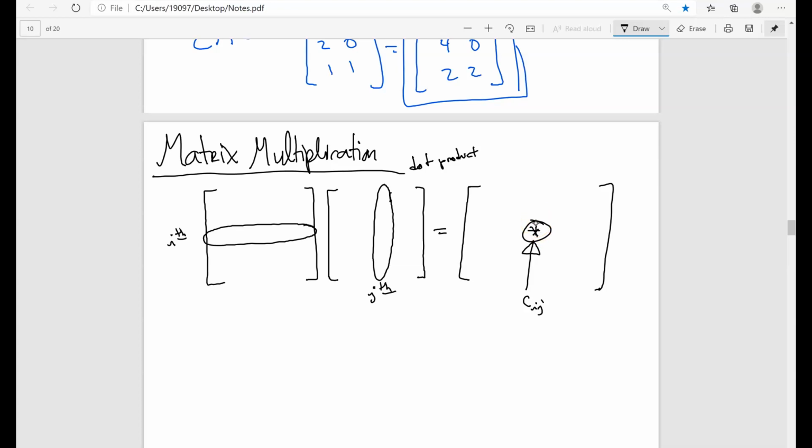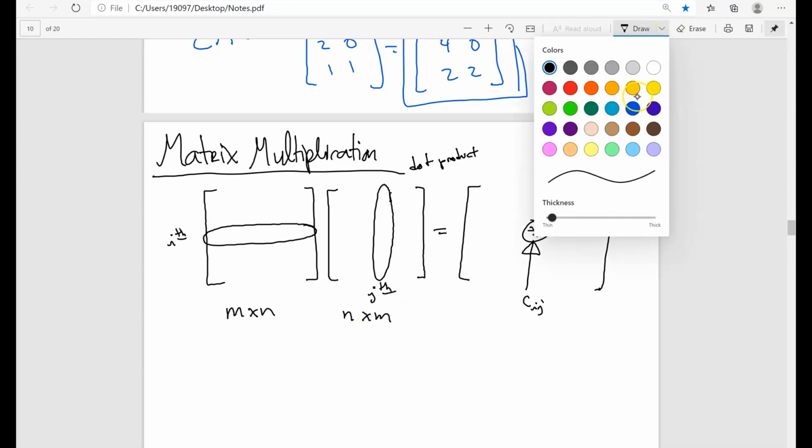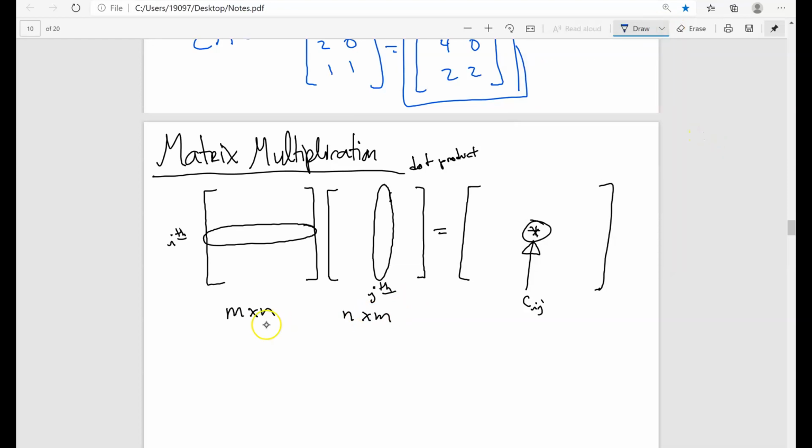Okay. So typically the way that you want it to do, if you have an m by n matrix here and n by n, so basically what you're really looking for is the inner parts. So see, this guy has n columns, this guy has n rows. As long as these middle parts are good, then you can do matrix multiplication. If they're not, then you cannot do matrix multiplication.